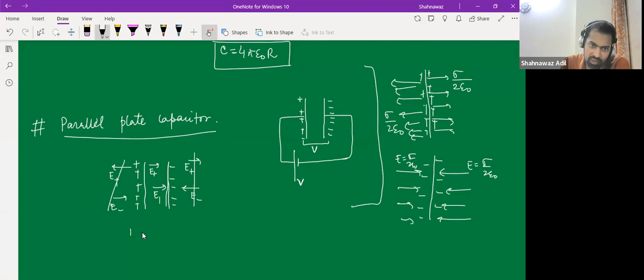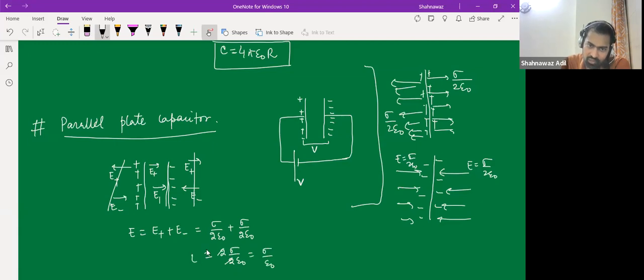So the electric field would be E plus plus E minus, which is sigma by 2 epsilon naught plus sigma by 2 epsilon naught, which is 2 into sigma by 2 epsilon naught, so sigma by epsilon naught.